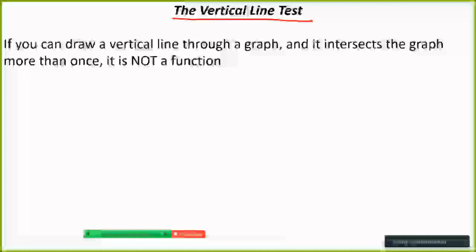So if you can draw a vertical line through the graph, and it intersects the graph more than once, it is not a function. Intersects more than once, not a function.